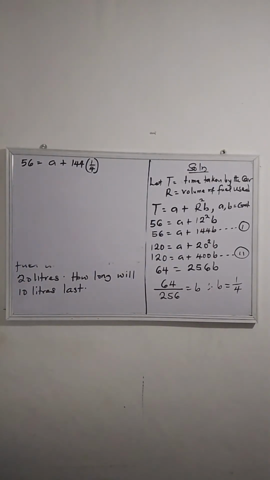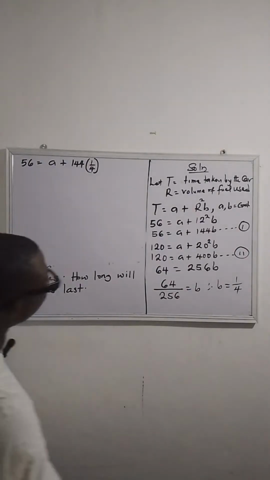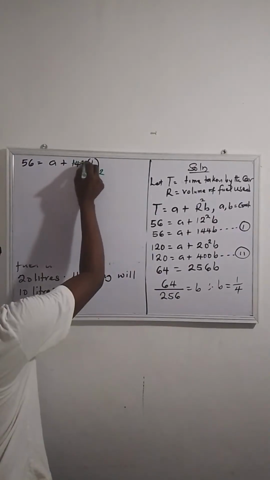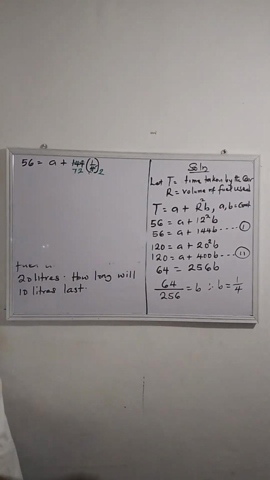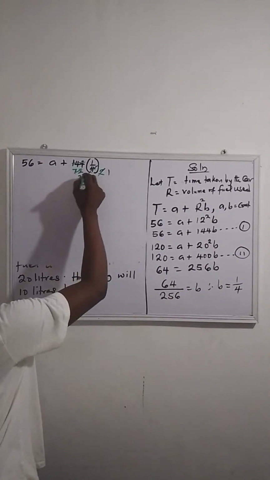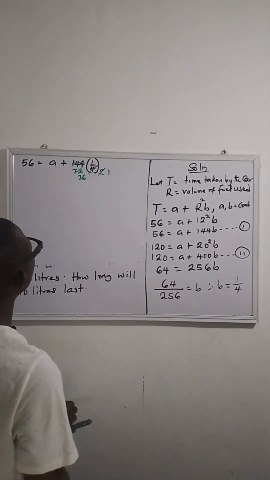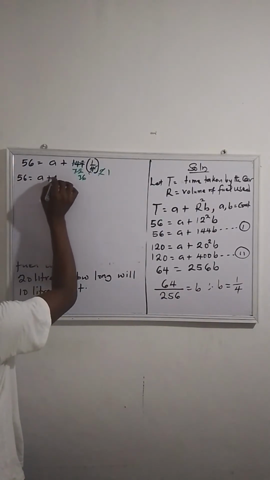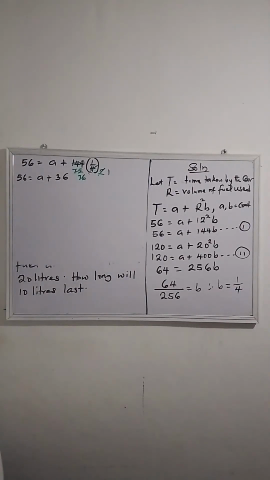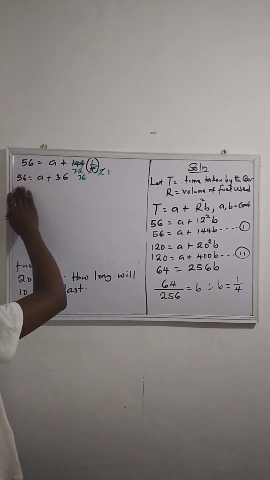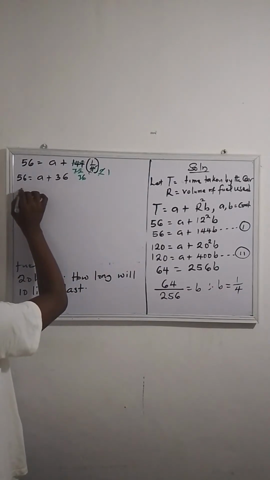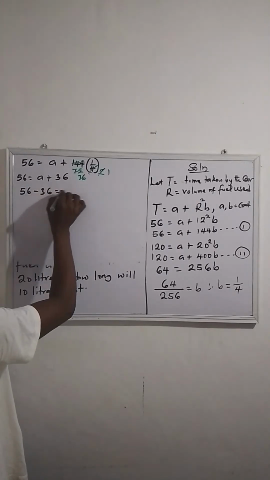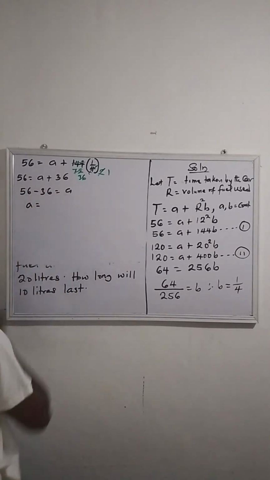Can we find a way of reducing this? 2 into 144 is 72, and 2 into 72 is 36. So we have 56 equals A plus 36. Now let's subtract 36 from both sides. We have 56 minus 36 equals A. So A is 20.